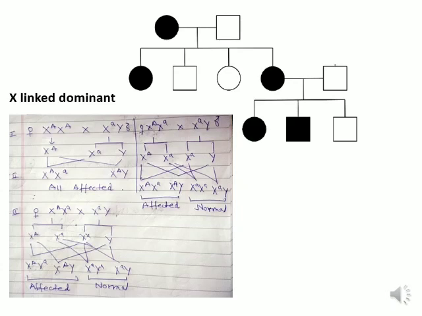So the female is heterozygous and the male carries the X with the recessive gene and the Y chromosome, and thus we get both affected and normal males and females. Again, in the third generation we get the same result. So we can see that both X-linked dominant and autosomal dominant show a positive result.